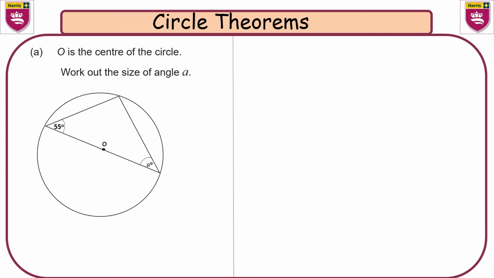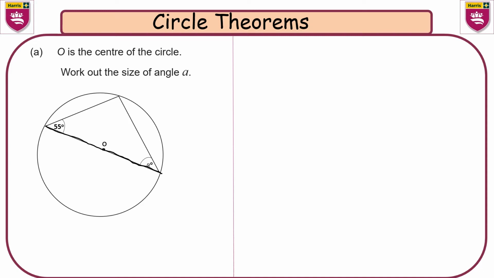Now, starting off with this question, it tells us that O is the center of the circle and they would like us to work out the angle A. Since O is the center of the circle, I can clearly see that this line here is the diameter of my circle.